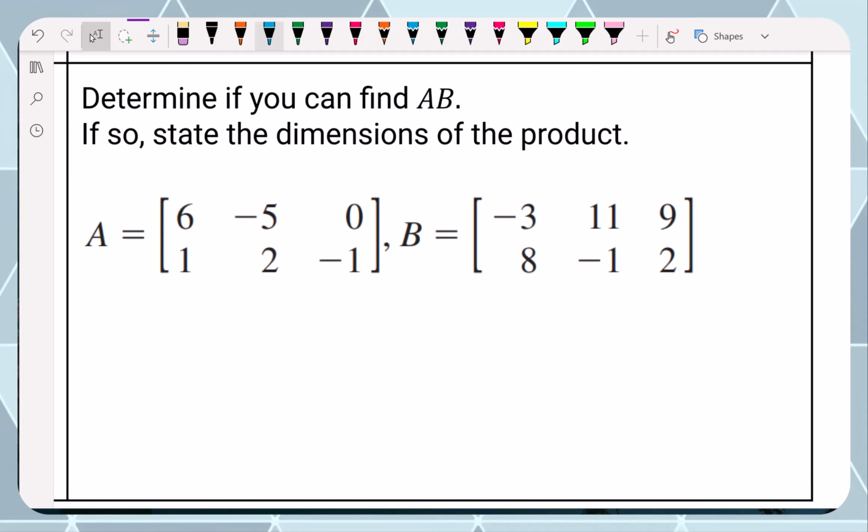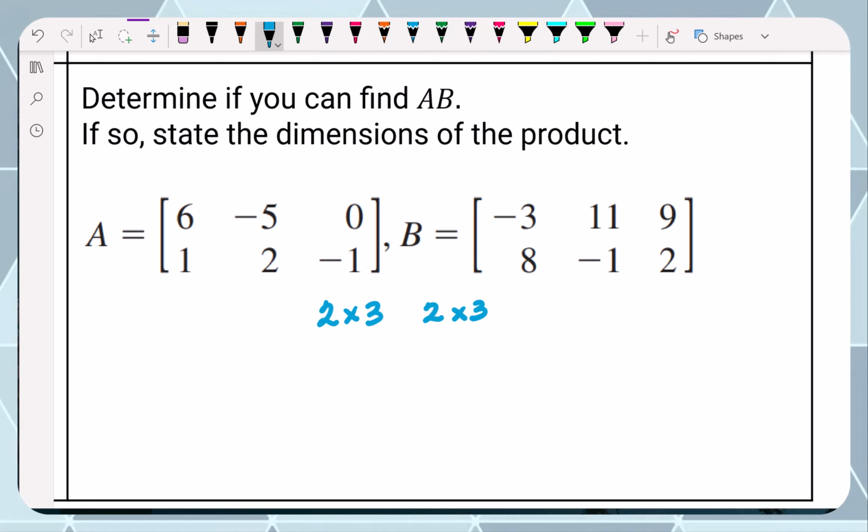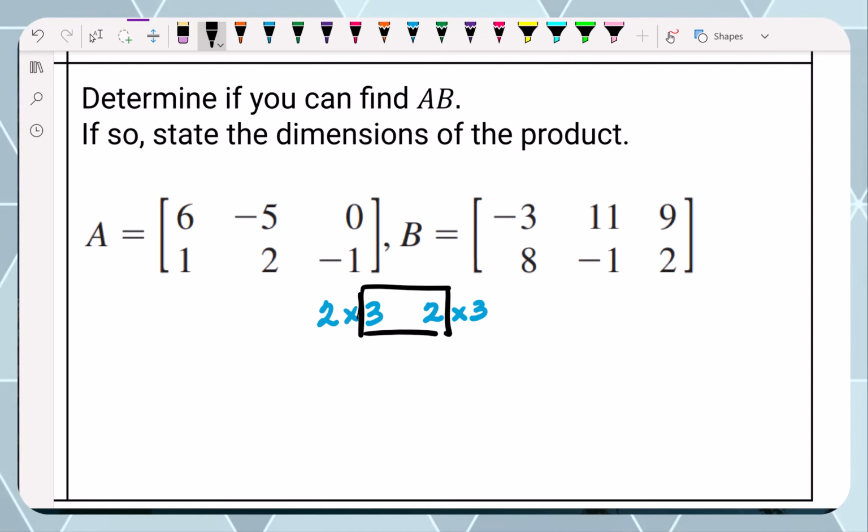Second example. Now this one has dimensions of a 2 by 3. This one also has dimensions of a 2 by 3. While I can add these 2 together, and I can also subtract them, I am not going to be allowed to multiply them together because I don't have a matching set of dimensions.